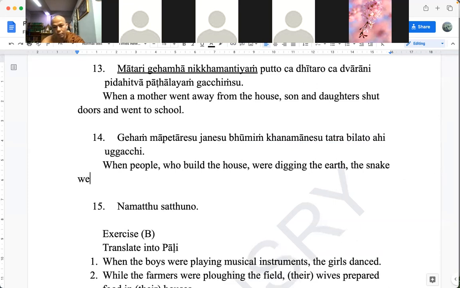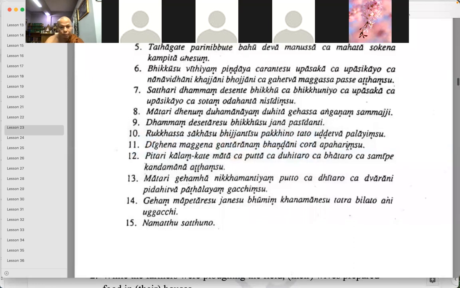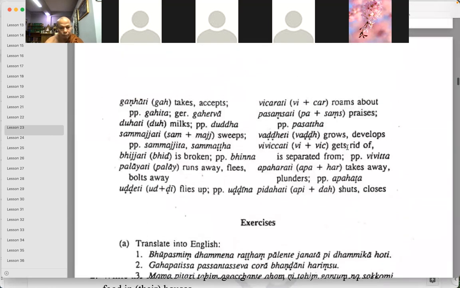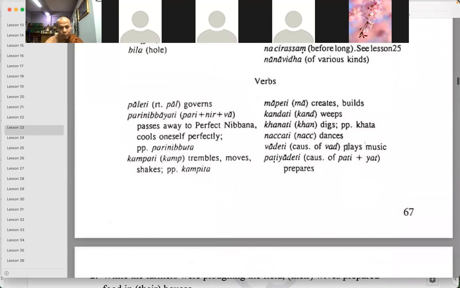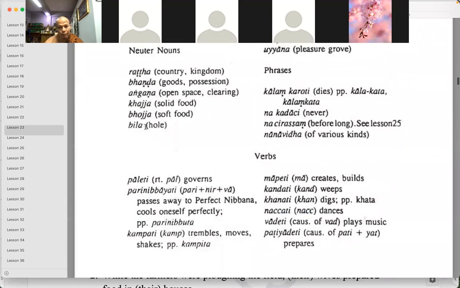So went out. Went out. So Dadara Bila Do. So went out of the hole there, or pit. Dadara Bila Do. Bila means hole or pit. So out of the hole there.